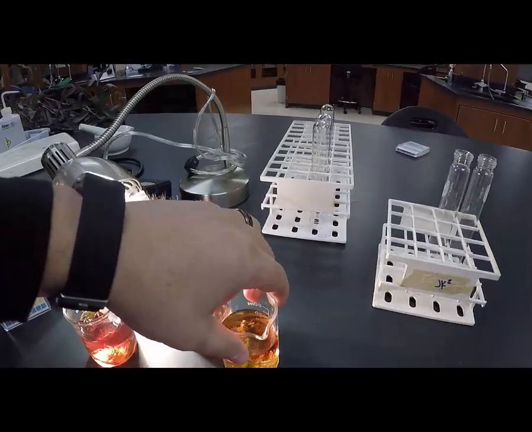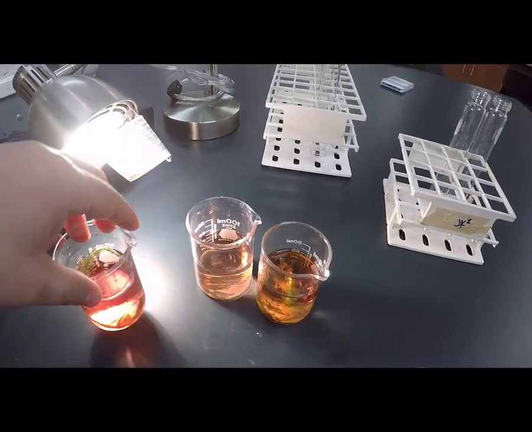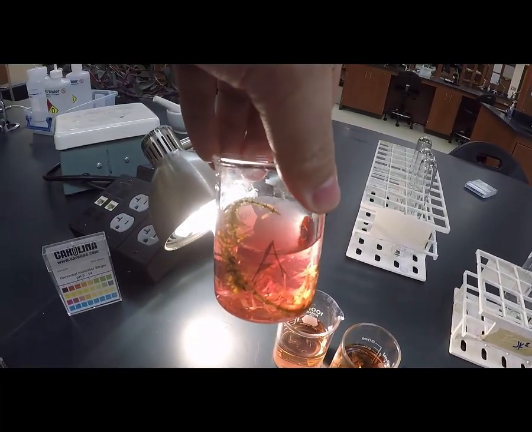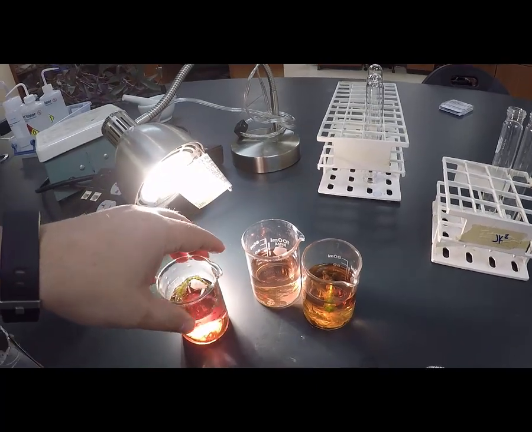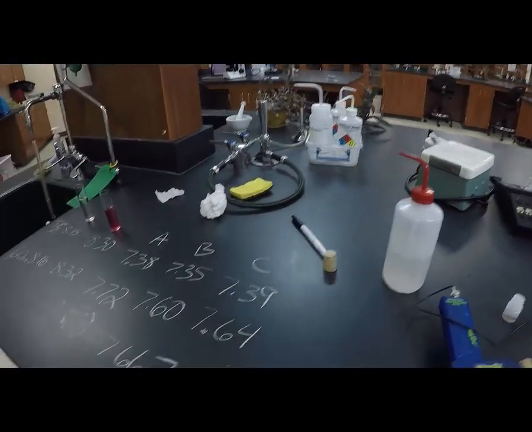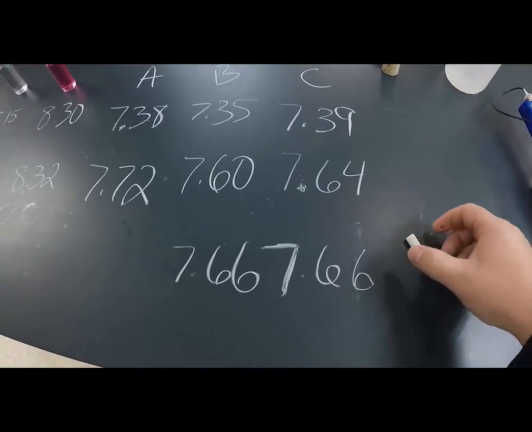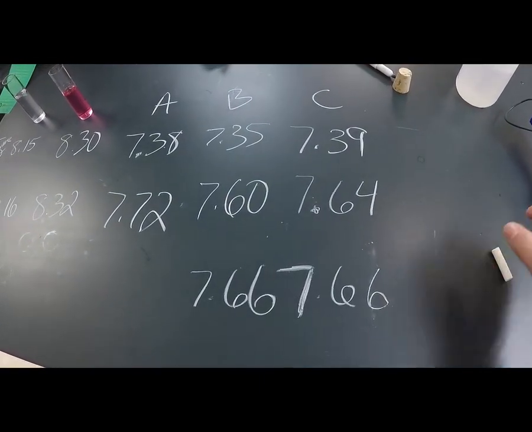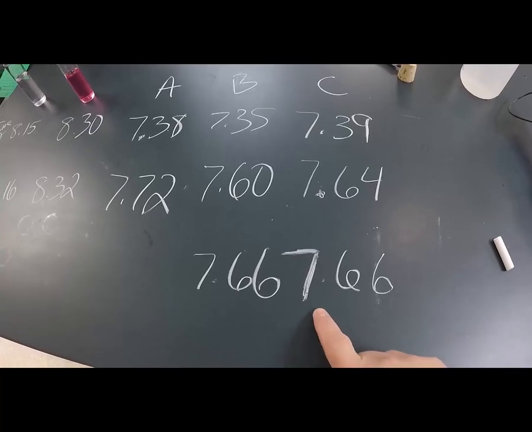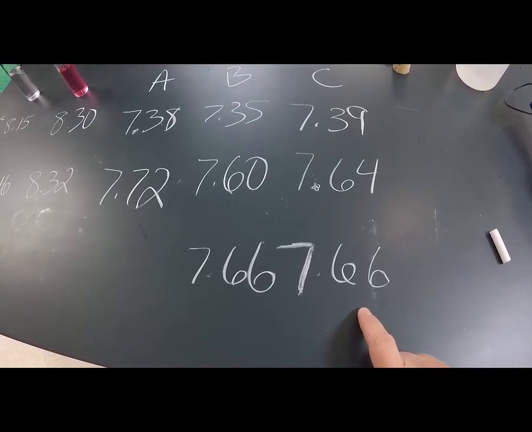Those two are pretty much the same color. And there's Elodia in the light. You can see that the pink is starting to come back. I already have the two values for Elodia in the dark and the control sample. They're both at 7.66 for a pH.